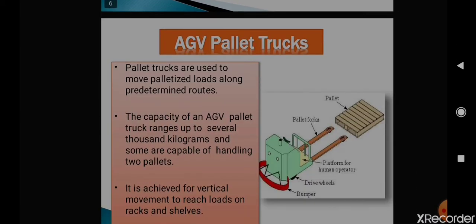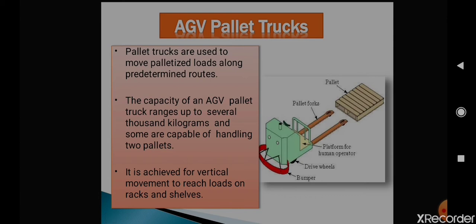And the second one is AGV pallet trucks. This is just like your pallet forks, which are there just to lift palletized loads. The AGV pallet trucks are used to place the palletized load in racks, say where the rack is of some height.